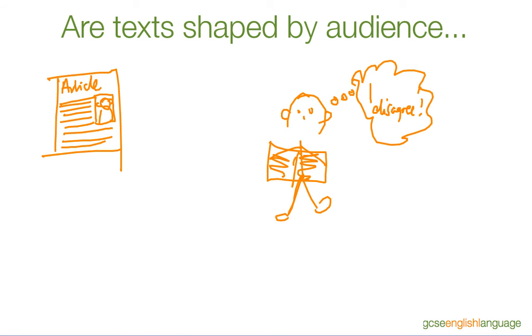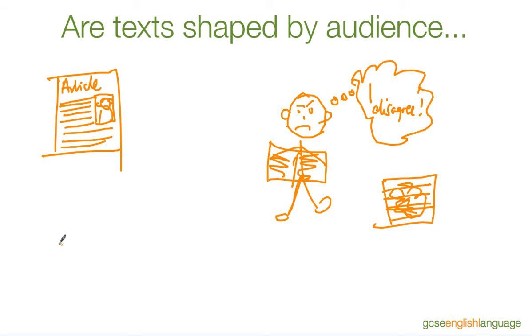It's fairly obvious, isn't it? If I read a newspaper article or a magazine article or a website, or I watch a TV programme, and I'm just really in opposition to that, and I think, I just don't agree with what this person is writing about, we're probably likely to throw the paper in the bin and not buy that paper again.